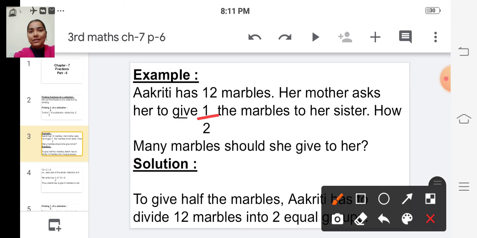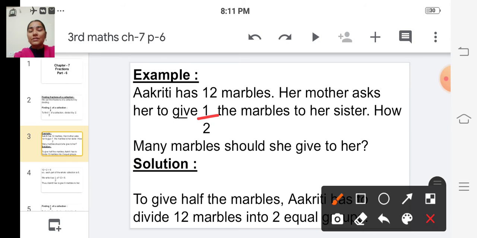So, Akriti has 12 marbles, and her mother asks her to give half the marbles to her sister. So, Akriti has to divide those 12 marbles into 2 equal groups, isn't it? One is for Akriti and one is for her sister.